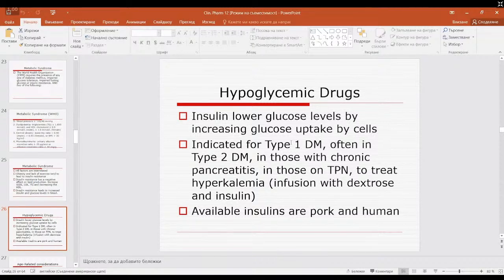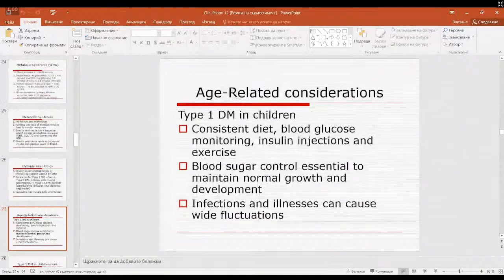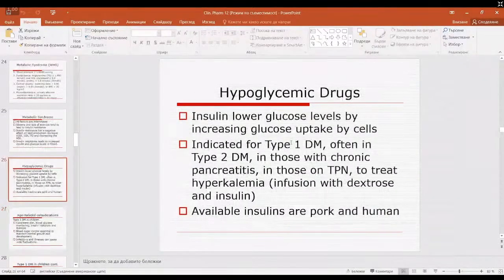And then if these drugs and their combinations are not enough to achieve euglycemic levels, then also they can be combined with insulin. So in type 2 diabetes, we can also use insulin.